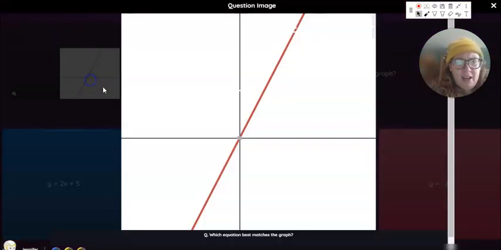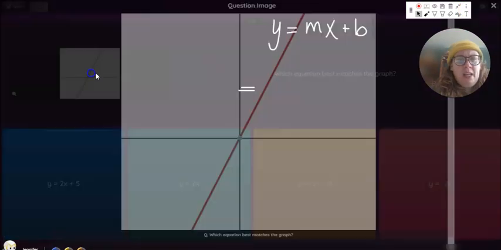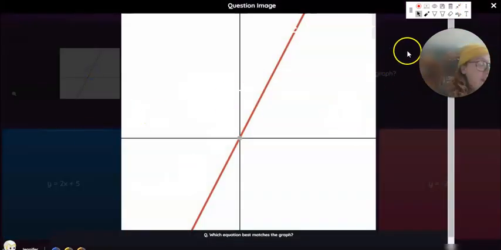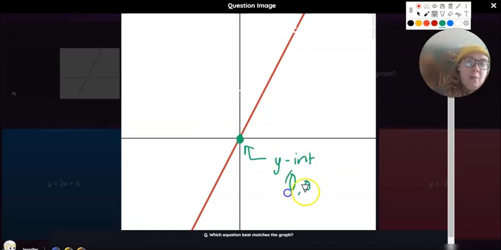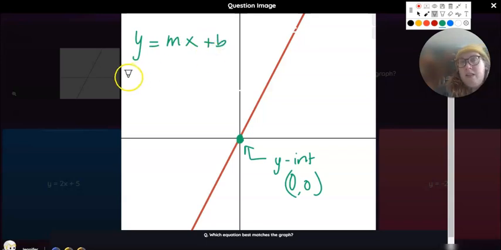Which equation best matches the graph? So if we click this graph, we don't see many numbers here, right? So this is a little tricky. What we do know is what the y-intercept is, because our y-intercept is right here where the x and the y-axis meet, which is at 0, or (0, 0). So we know that our b is 0.